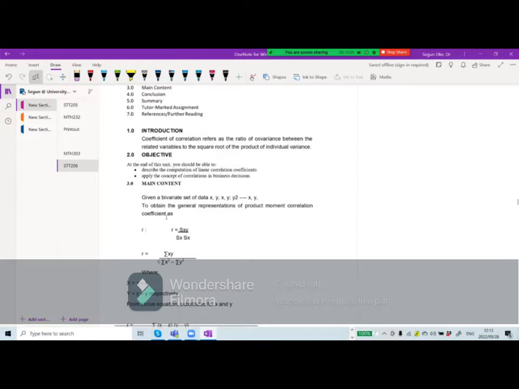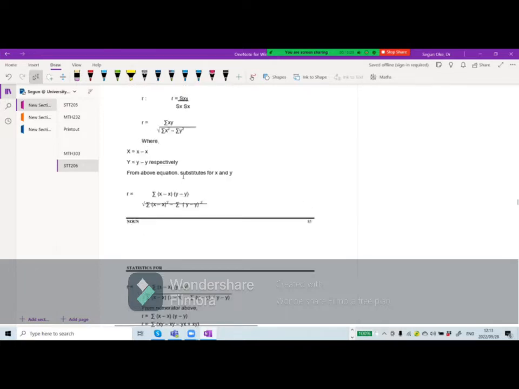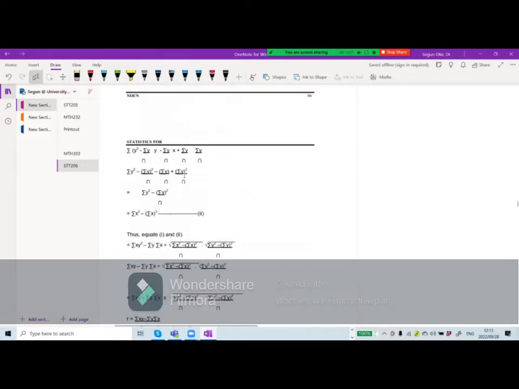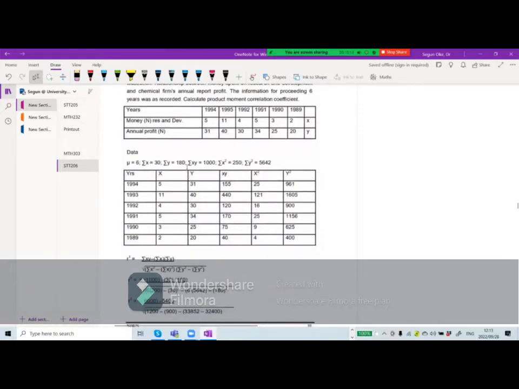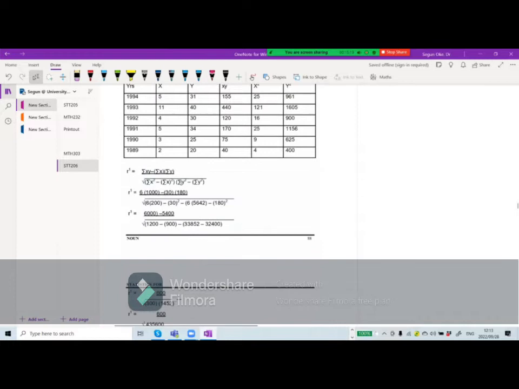In the main content, they said they will use R. We'll come to this later. Although the formula is a bit scattered, don't be discouraged with the way they put it, because it's still the same thing we are going to talk about.